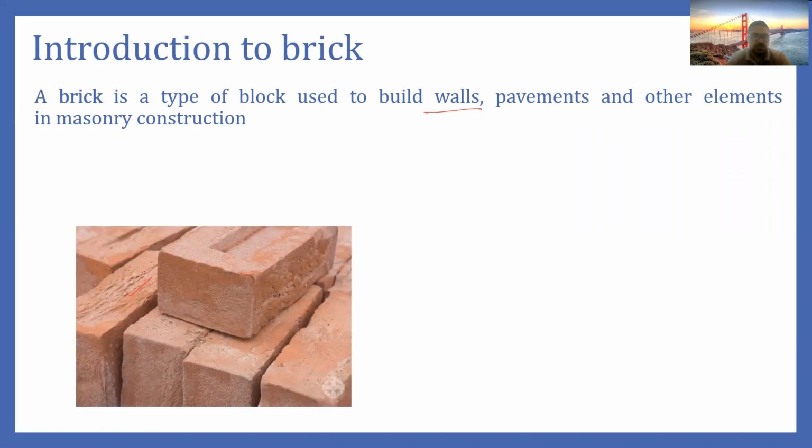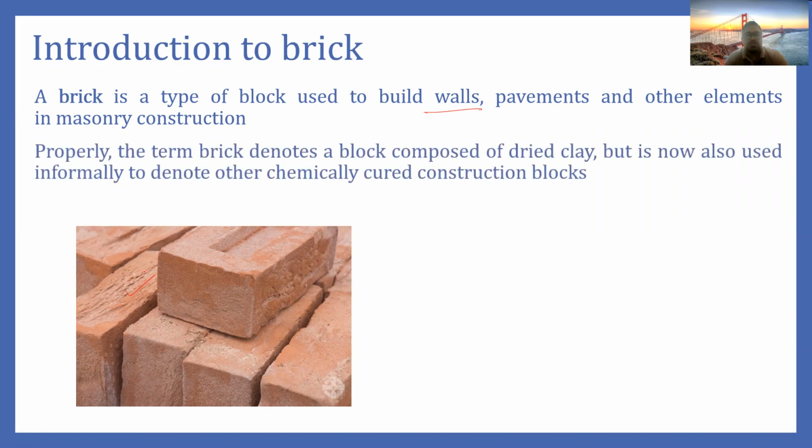These are the bricks. When we use the term brick, it means it is composed of dry clay. But nowadays, bricks are chemically treated also, and they are also informally termed as bricks.